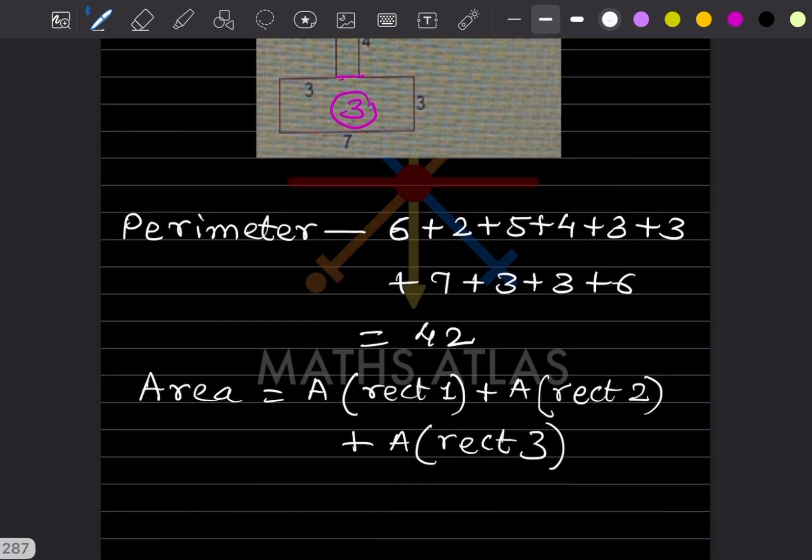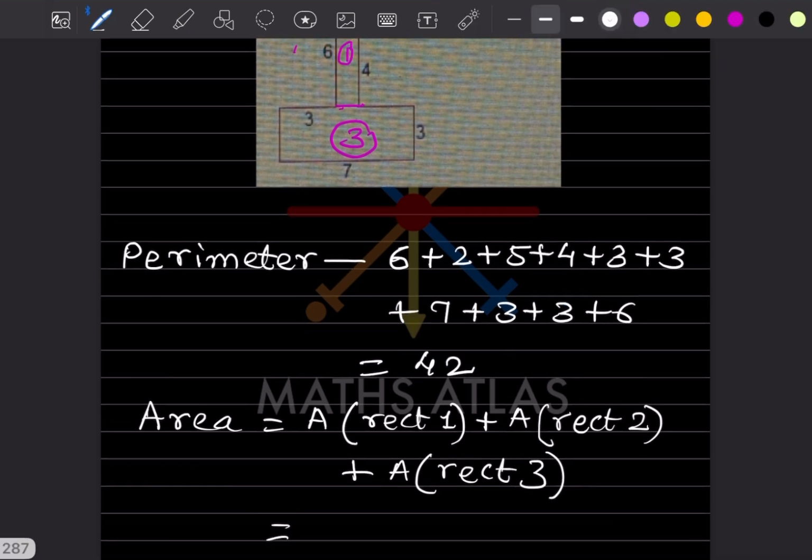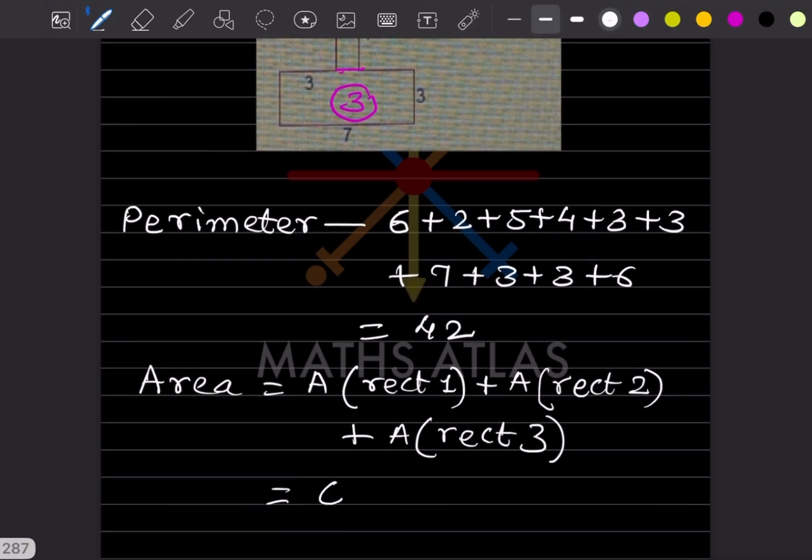The area of a rectangle is length into breadth. For the first one, this is 6, and this will be 1, because this is 5 and the whole part is 6, so this part should be 1. So we'll write 6 into 1, in brackets for better understanding.